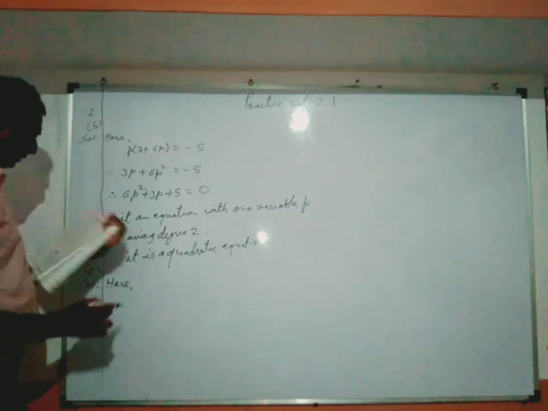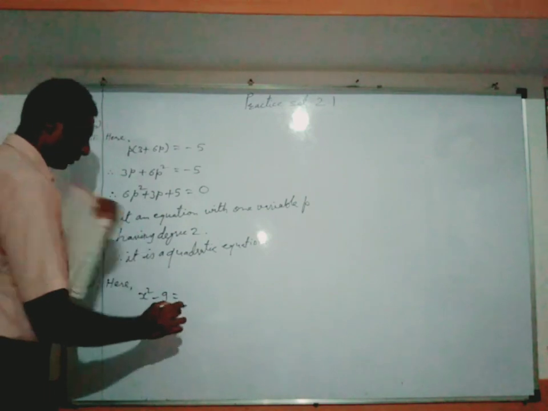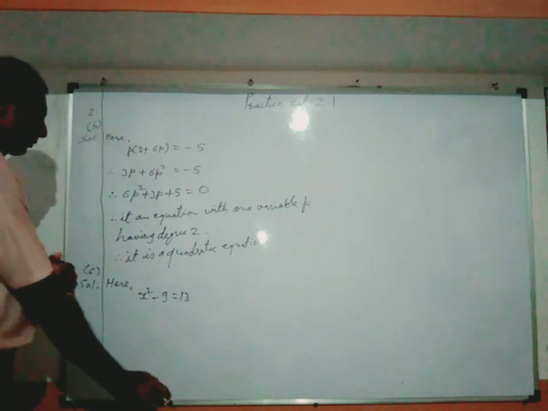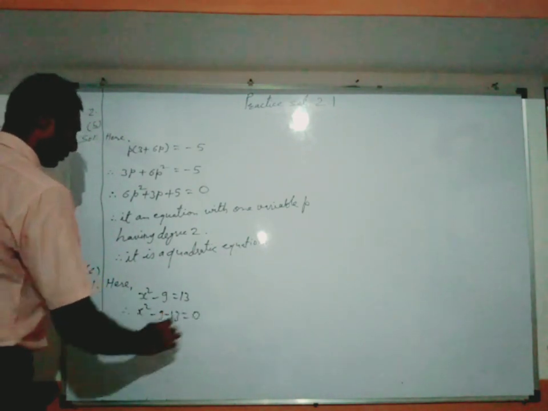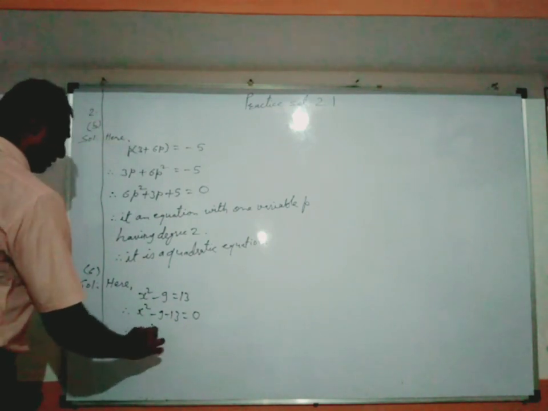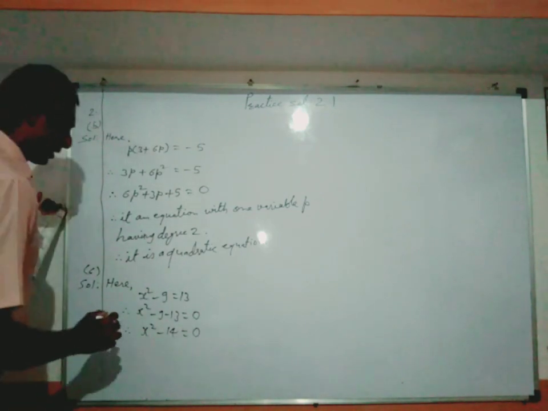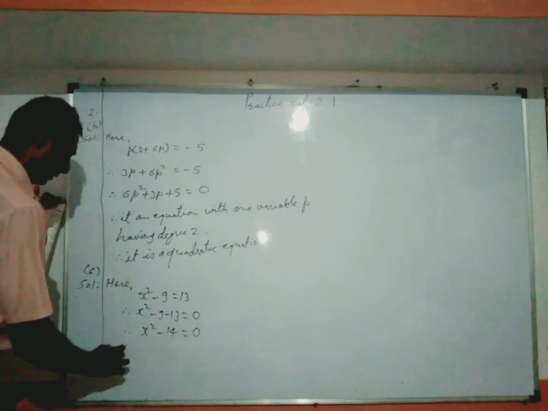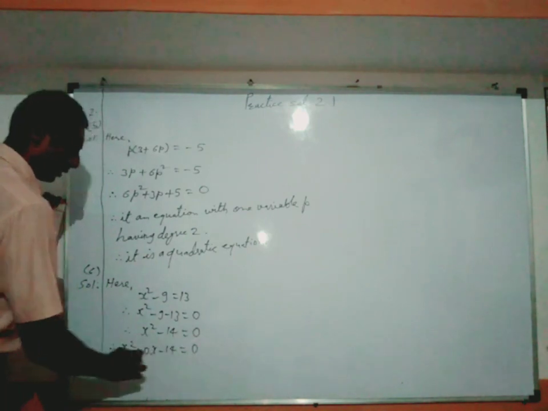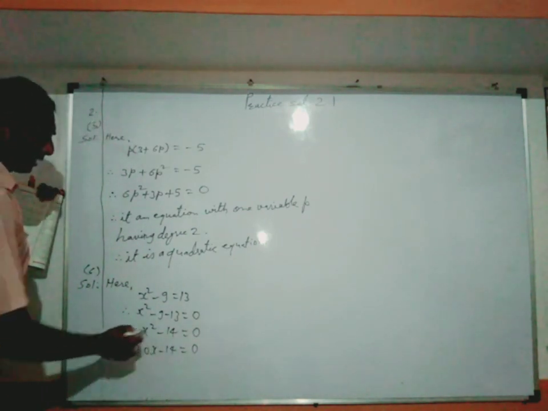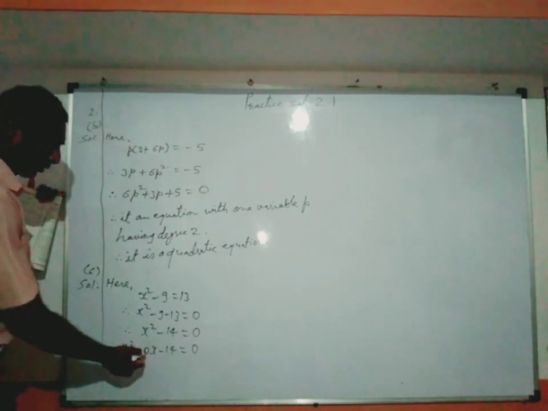Here, given equation is x square minus 9 equal to 13. Okay, and therefore it will be x square minus 9 minus 13 equal to 0, and therefore it would be x square minus 14 equal to 0. Okay, if we write it in standard form, we get x square plus 0x minus 14 equal to 0, because here a term containing x is missing, and such a term we can write with its coefficient 0.